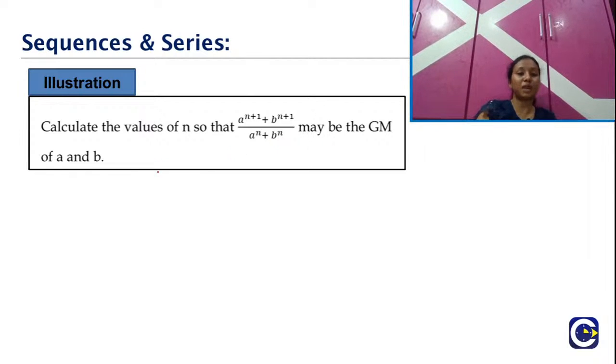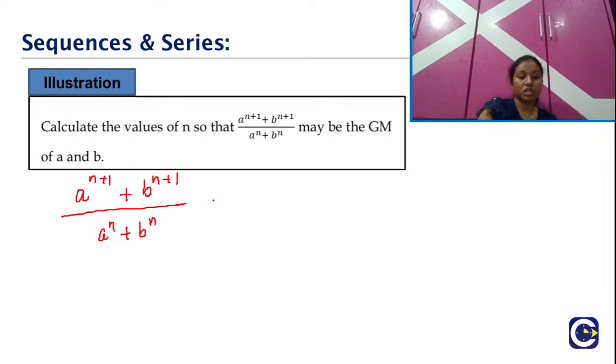They have mentioned "may be", so we can assume here that a power n plus 1 plus b power n plus 1 divided by a power n plus b power n can be equal to my geometric mean, that is root over ab, that is ab power 1 by 2.